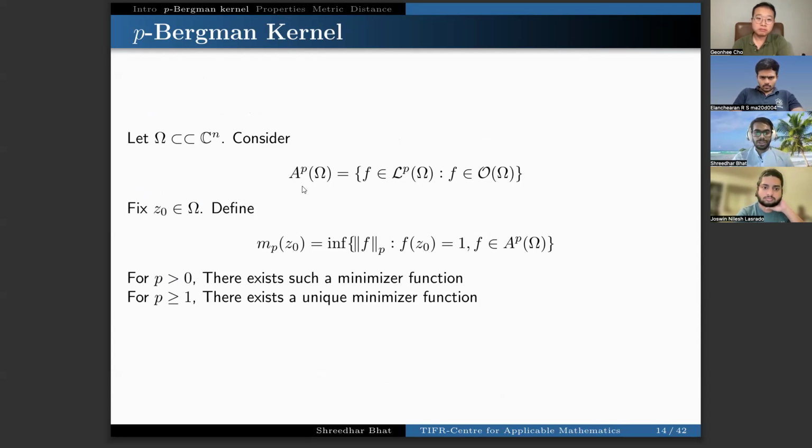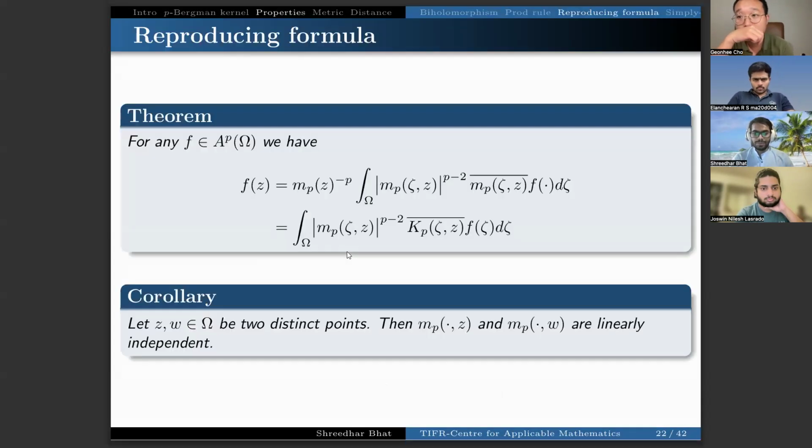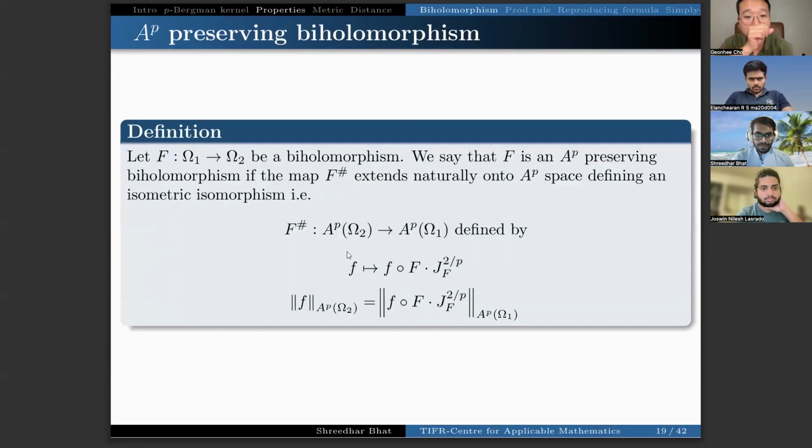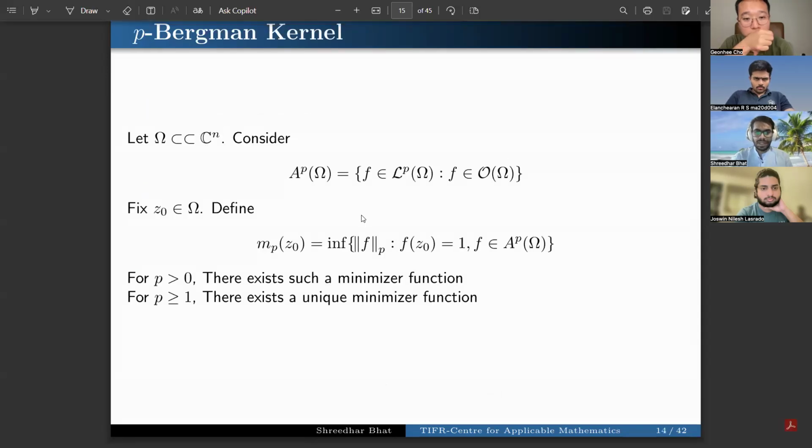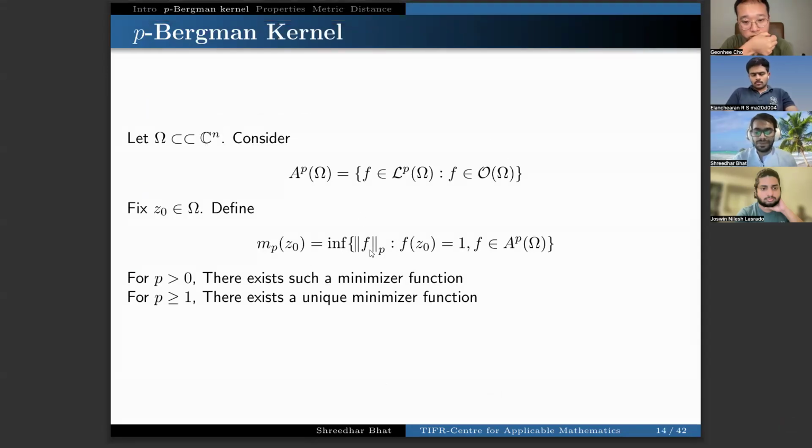So what you do is look at AP, the F in LP such that F is holomorphic there. Now fix some z naught. MP of z naught is the infimum over the norm such that f of z naught equals 1 and f is in AP there.